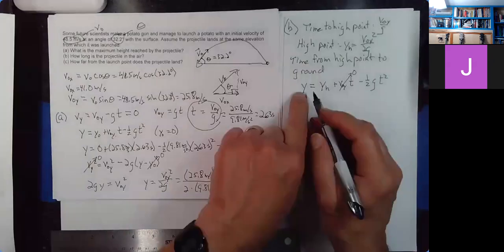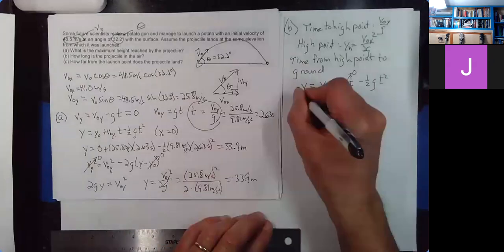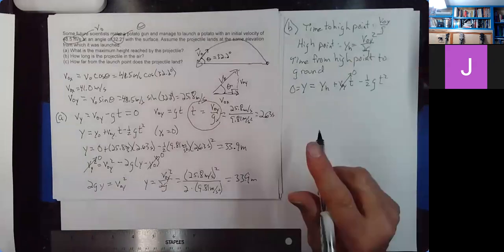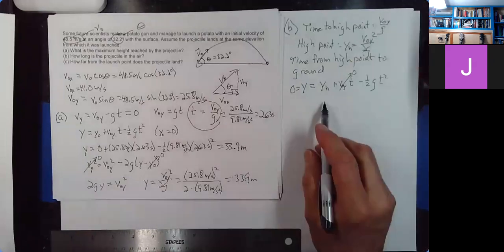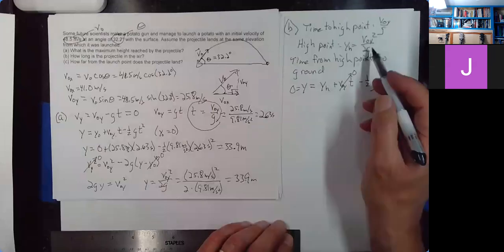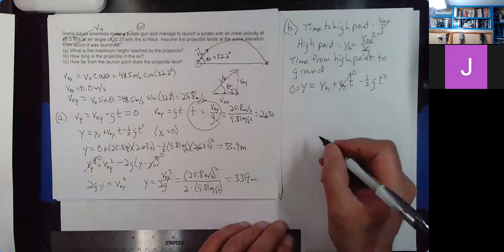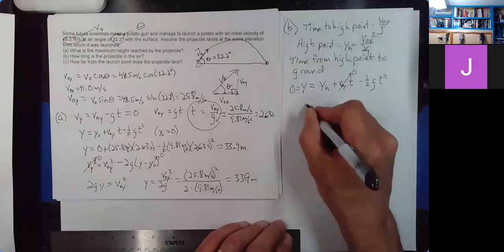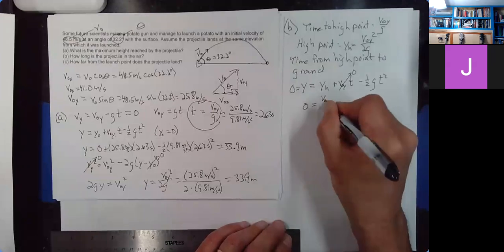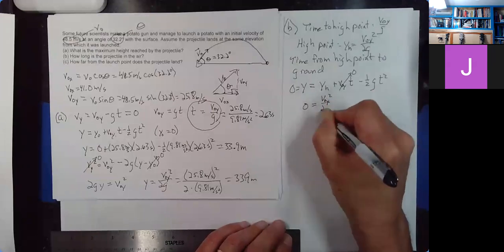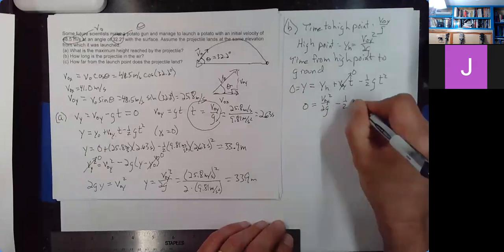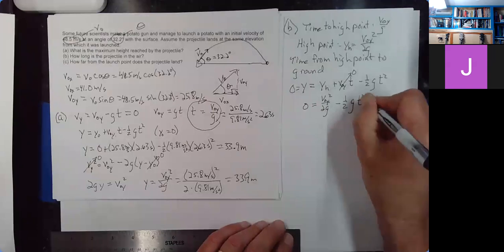And this y will equal 0 because I want to know how long it takes to get back to the ground. So y at the high point was v naught y squared over 2g. So I'll have 0 equals v naught y squared over 2g minus 1/2 gt squared.